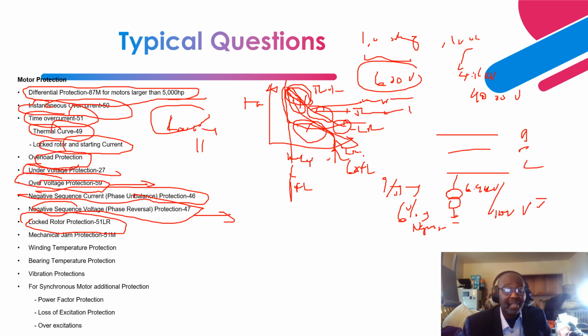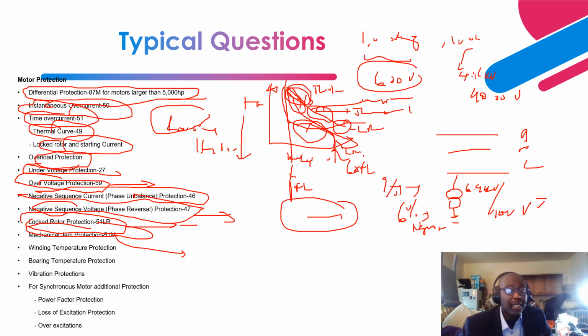Let's say a high loading condition, where the coupled load is so high that it causes the motor to lock in place. That is when this protection comes into play. You can also have a mechanical jam, let's say during the operation of the motor. All of a sudden there's a fault and the motor voltage decreases, then basically the motor is going to jam. So this is the protection element that protects the motor.